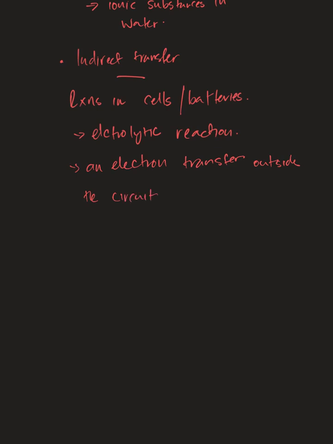Alright, so for example, inside my battery, let's say this is my battery, I've got all of these atoms, right? And they react with each other. So I've got an electrolytic reaction happening inside the battery or the cell.